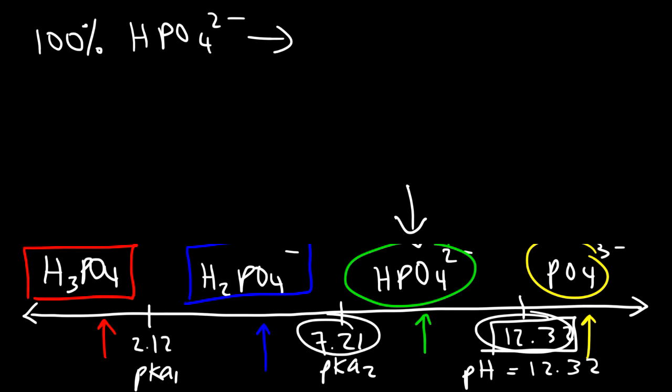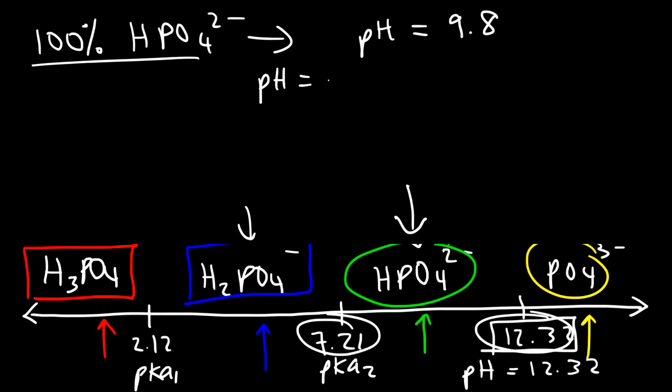So it's 7.21 plus 12.32, and then after you add them up, divide by 2. So the pH there is going to be about 9.8. So if you have 100% of one of the intermediates, just remember the pH is simply the average of the two pKa values that surround that intermediate.